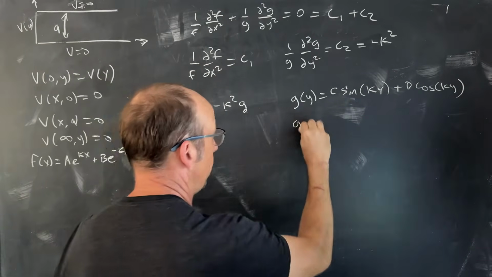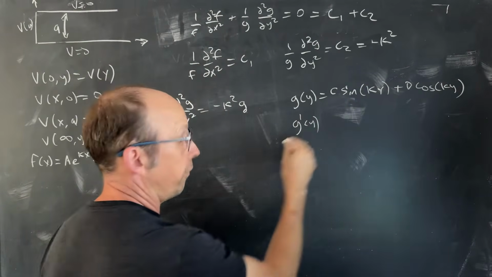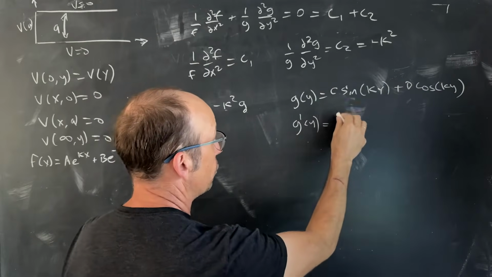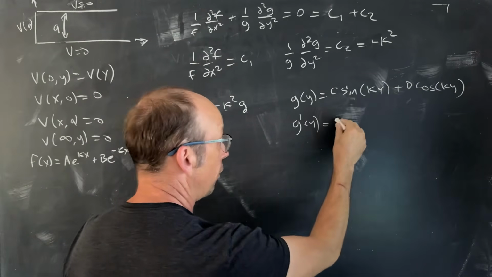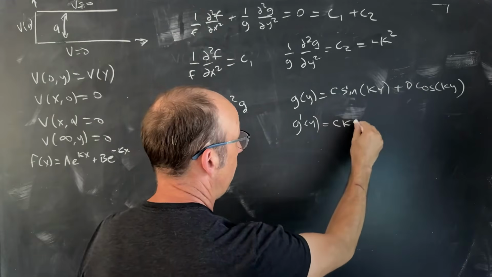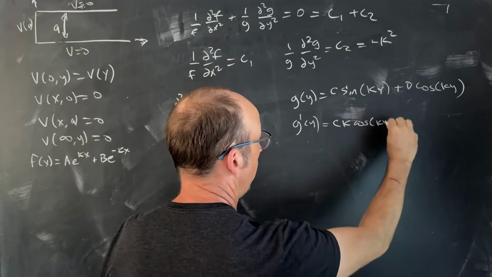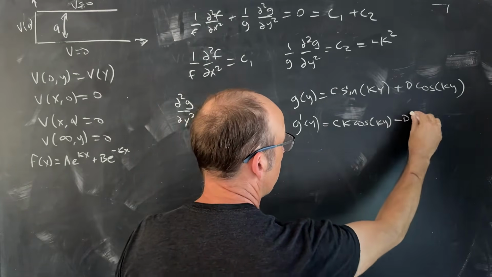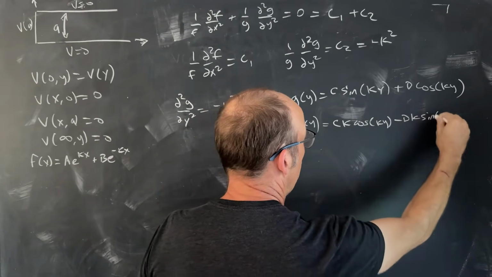And let's just check, right? G prime of y, that's the derivative with respect to y, is going to be equal to, the derivative of sine is cosine, so I get ck cosine ky minus dk sine of ky.